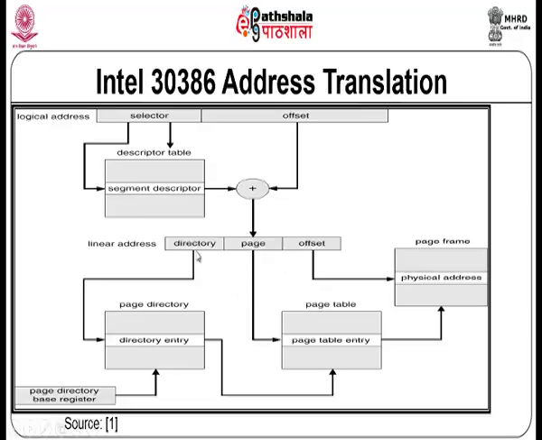The linear address, as we have seen, is divided into 10, 10 and 12 bits. The first 10 bits, for the directory, are used as an index into the page directory, and from there you get an entry which identifies the page table. The second 10 bits are used as an index into this page table. You get the page table entry, and you add it with the offset to get the corresponding physical address.